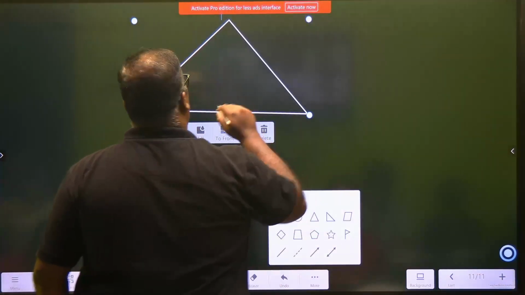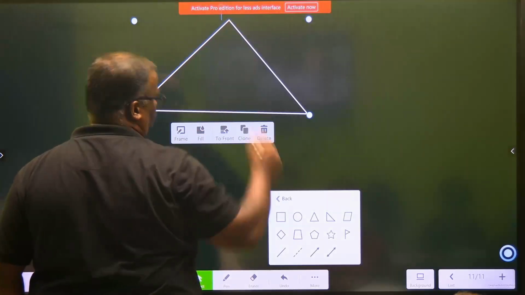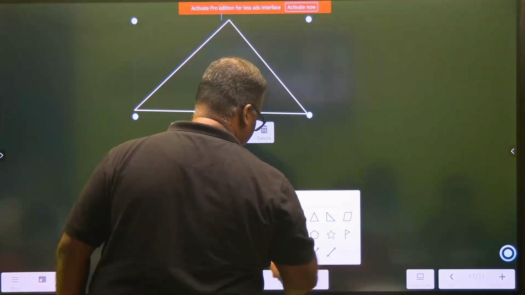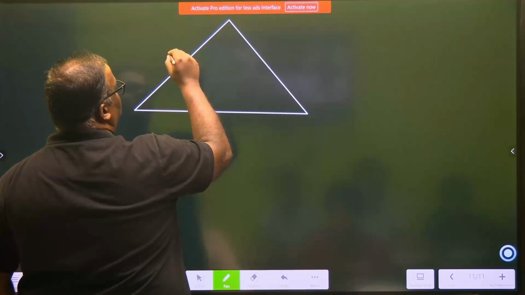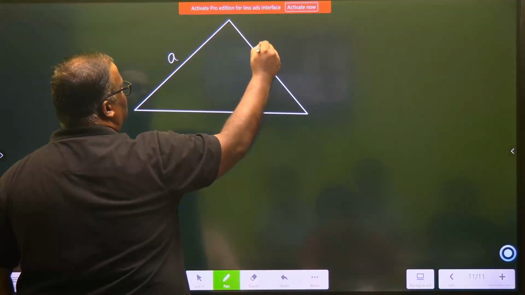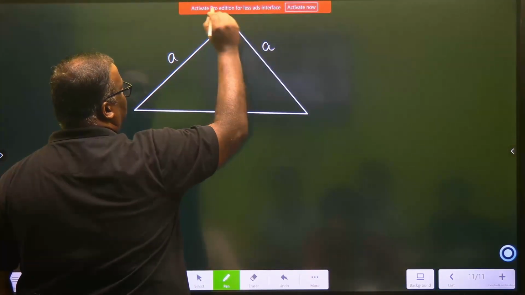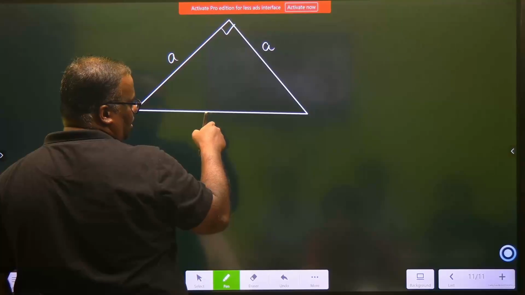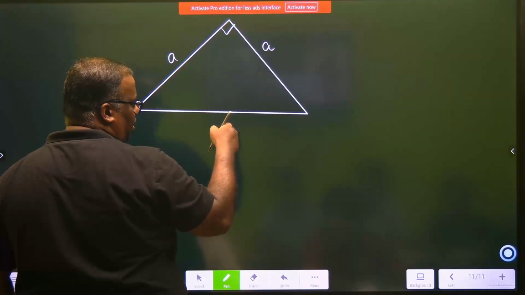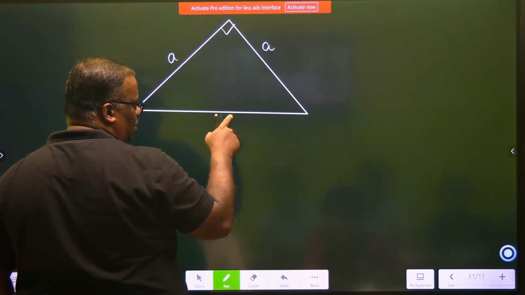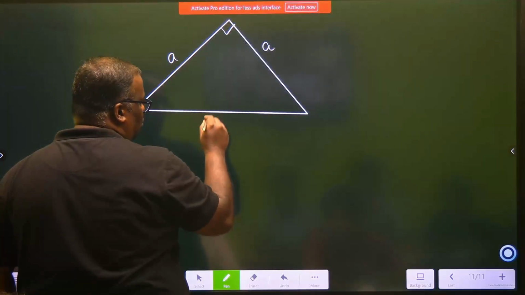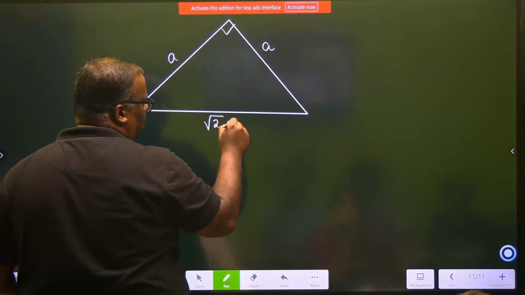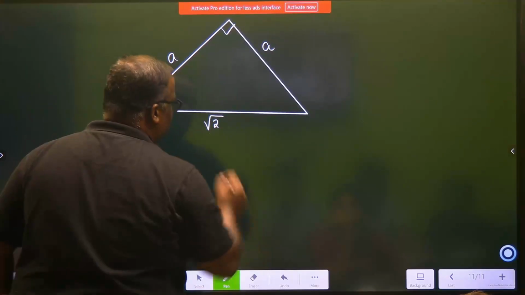Okay. Now, if this is an isosceles one, then you tell me in terms of measurement. If this is A, this is how much? A. This is 90 degrees. So how much should this be? A square plus A square underneath root. Root 2A square, or I can write it as A root 2.